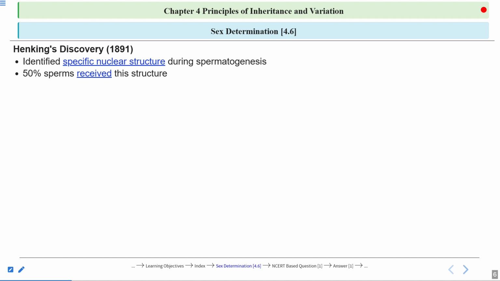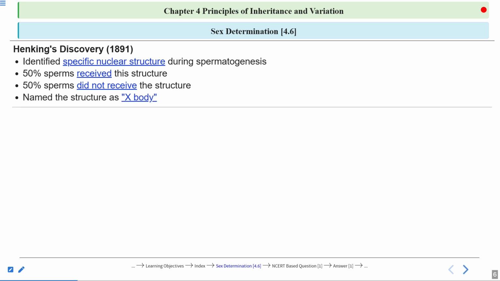He observed that 50% of the sperms received this structure, and the other 50% of the sperms did not receive it. He named this structure the X body. So 50% of the sperm had the X body and 50% of the sperm didn't have it.